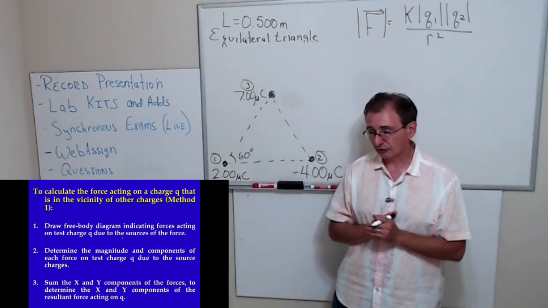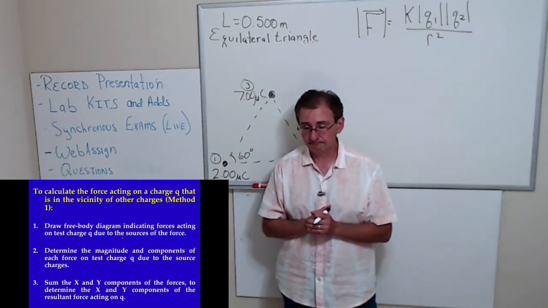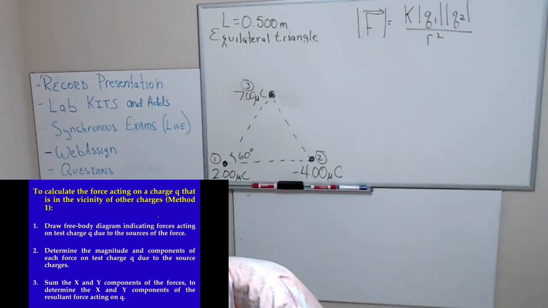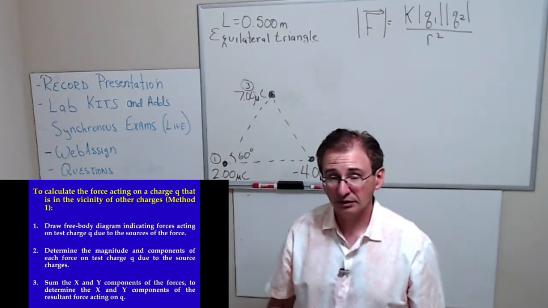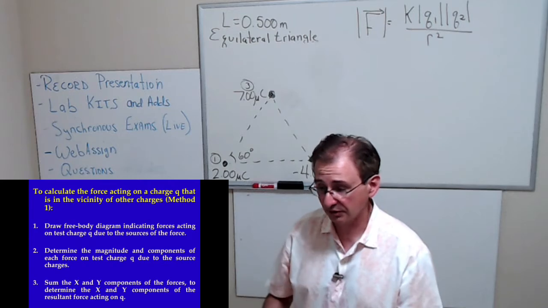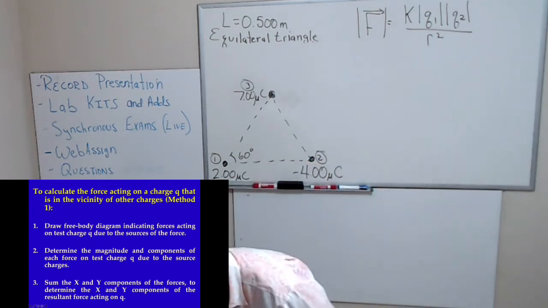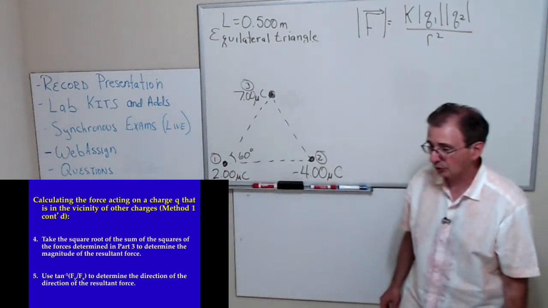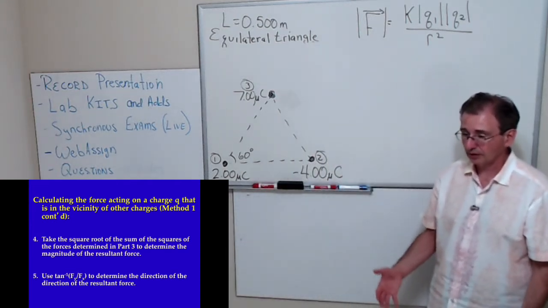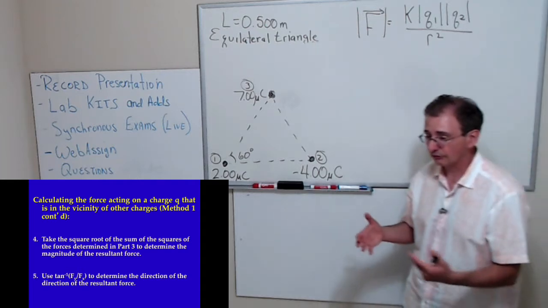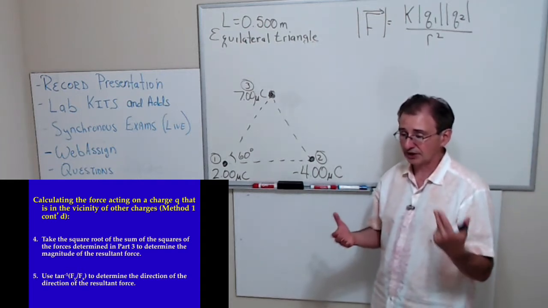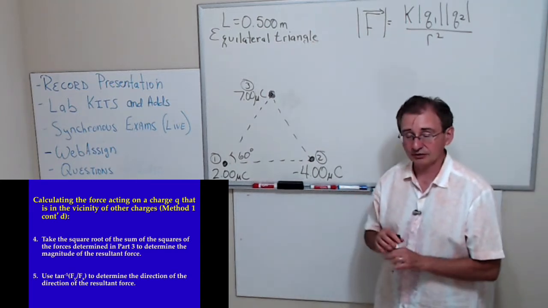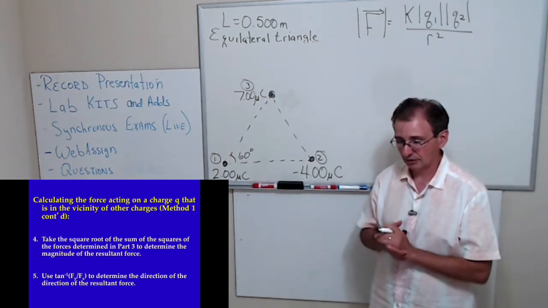And then I'm going to sum the forces in the x direction together, and then sum the forces in the y direction together, so I can get the total force in the x direction and the total force in the y direction. Then I will use the Pythagorean theorem to find the magnitude of the total force, and I'll use the inverse tangent function to find the direction. Of course, I can also write everything here in unit vector notation, and you'll see both in my example.